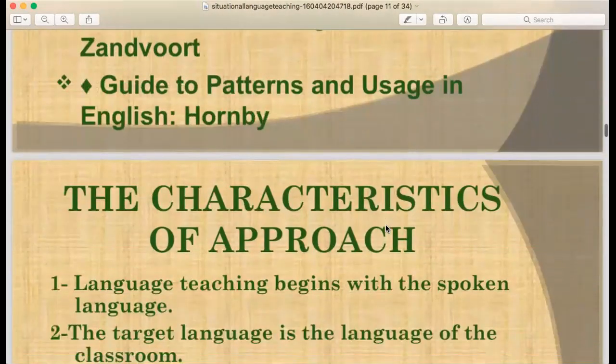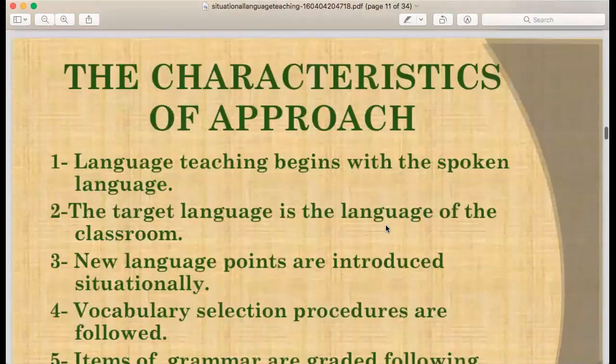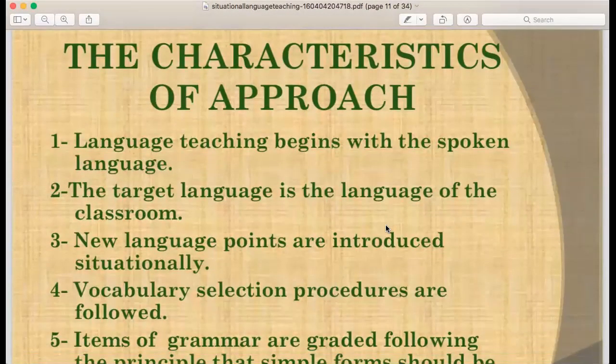Now let's finally come to the characteristics or the principles of this method. Language teaching begins with the spoken language, okay? This is also the common belief between the audiolingual method and SLT, that language teaching cannot be without the spoken language, right?